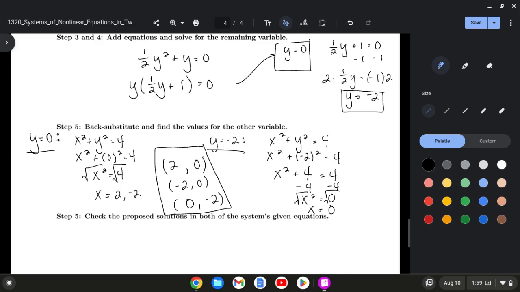We can do it algebraically, and I would encourage you to try this algebraically, but I could also graph this in Desmos just like I did with the others and check if those solutions are in fact points of intersection of our graphs. So let's go ahead and look.